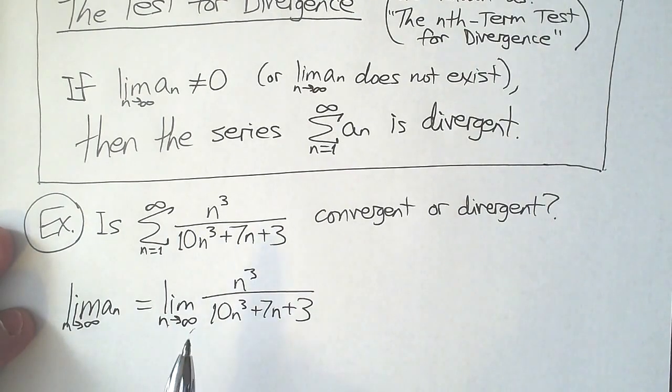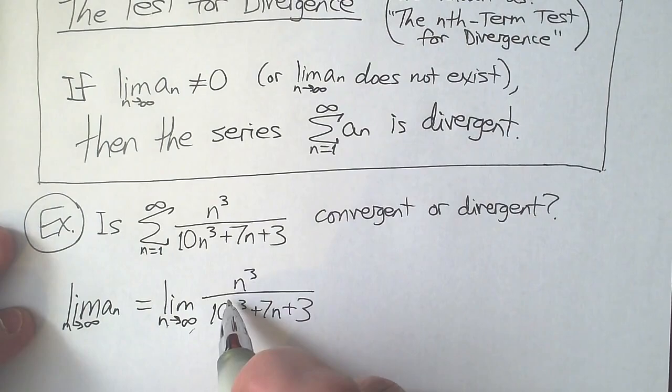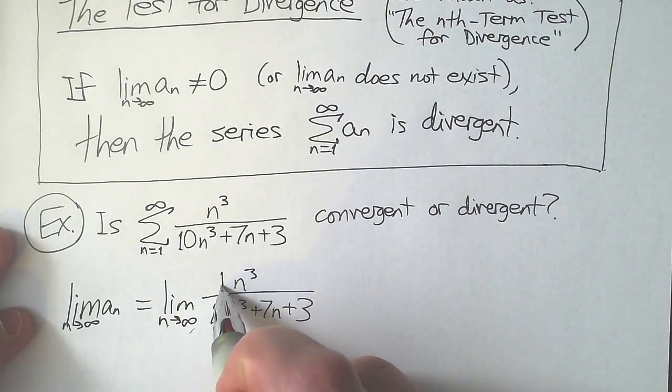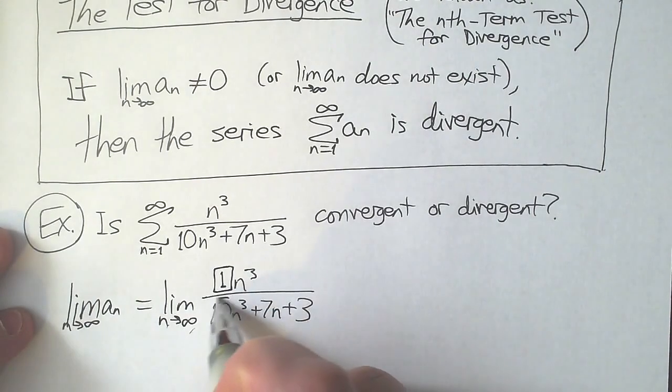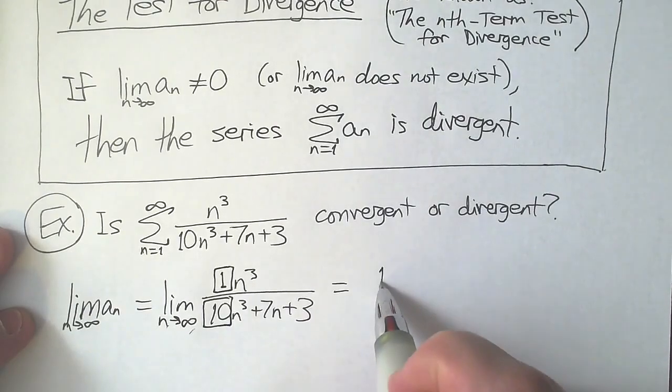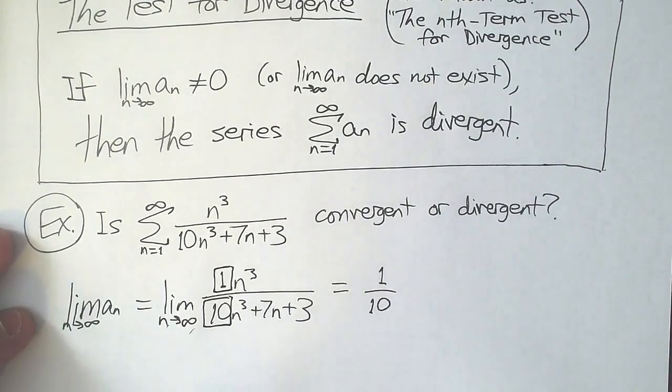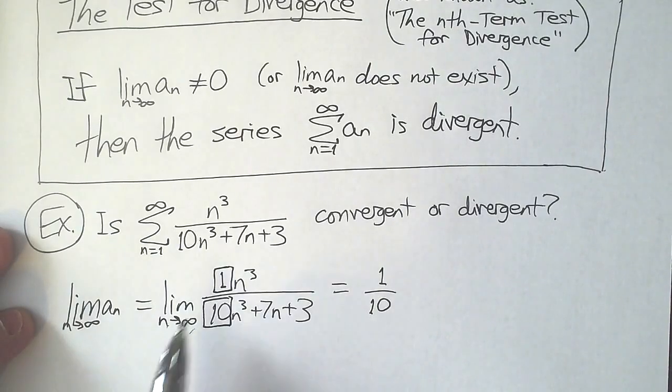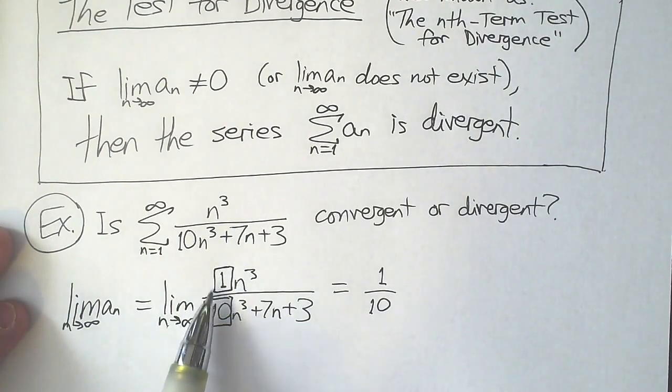So there's that shortcut where you take the number in front of n cubed up top and the number in front of n cubed on the bottom, and that limit equals 1/10. That's a little shortcut because the degree is the same: you take the coefficient, 1 up top, 10 on the bottom. Or you could also use L'Hopital's rule, which would also get you 1/10.